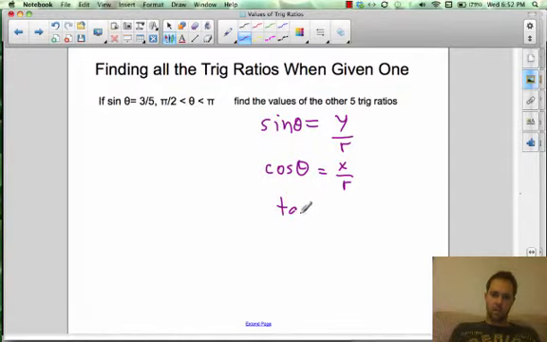And tangent of the same angle will be y over x. Now, essentially, the only thing we're missing here is x, but I'll show you how to find that in a second. So sine of theta equals 3/5, so basically y equals 3 and r equals 5.